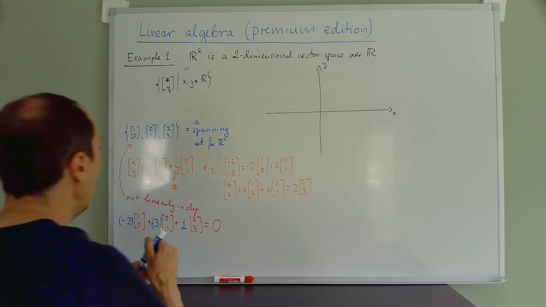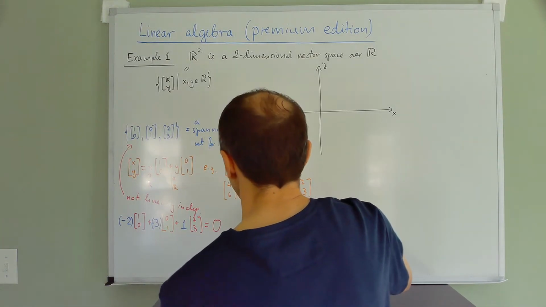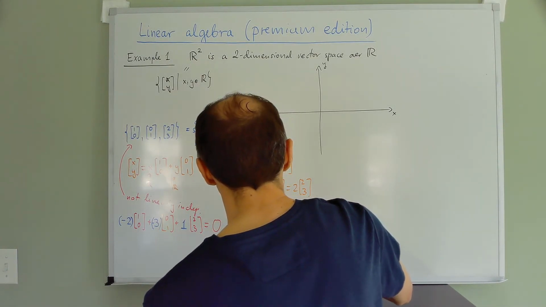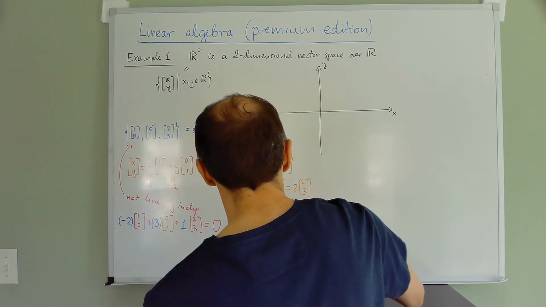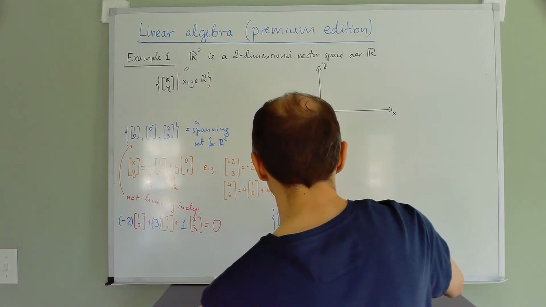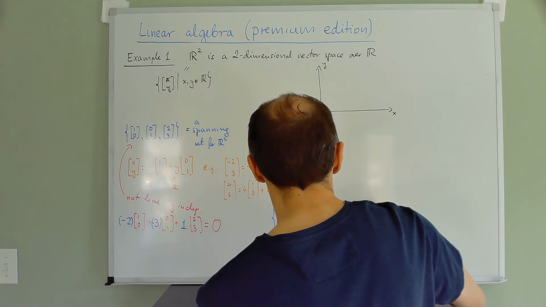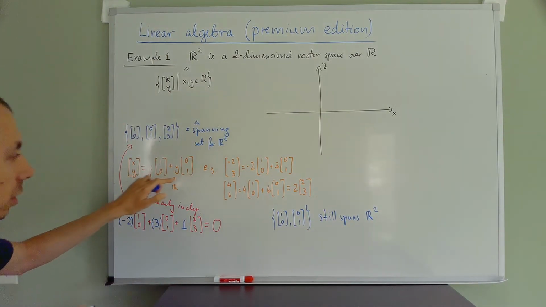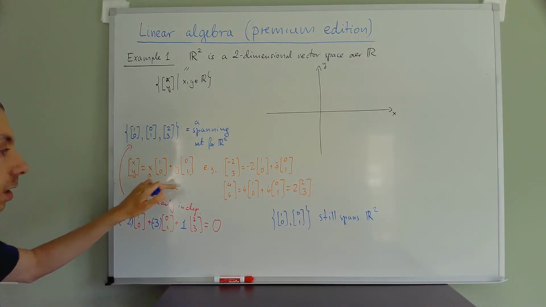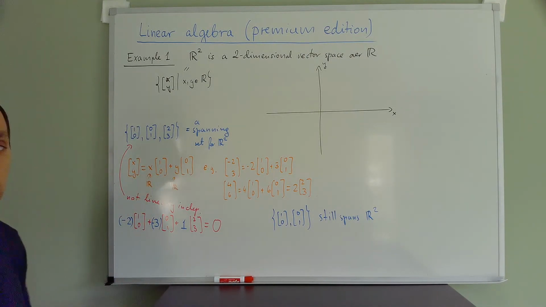But if I throw out one of these vectors, if I just do (1, 0), (0, 1), this still spans because we just showed it here, right? In this sort of orange calculation, all you need is these two vectors to span.